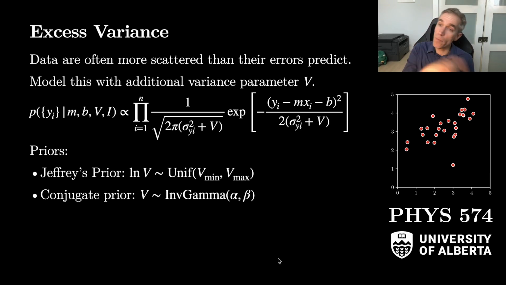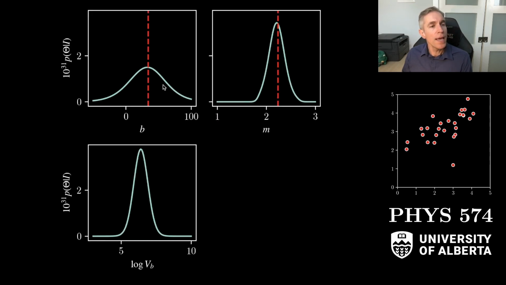And what I did is I went back and used the data with their errors divided by 2, but then I did this full tabulation with this extra variance term, and got these marginalized posteriors. Again, the red lines indicate the values with the correct errors and the maximum likelihood. Here we get a good estimate for the intercept and the slope respectively.